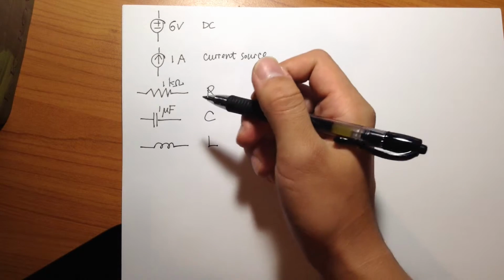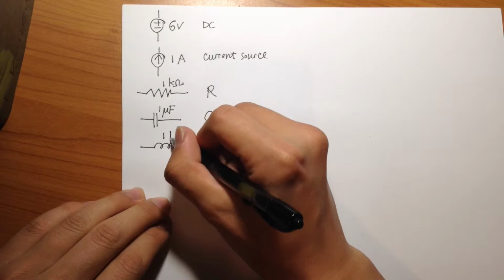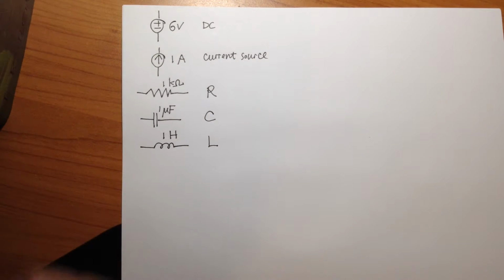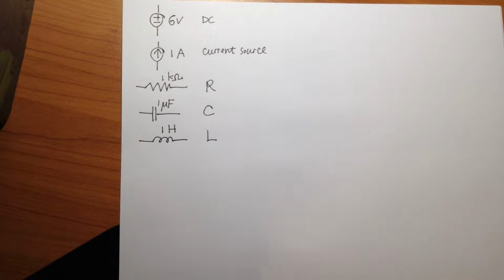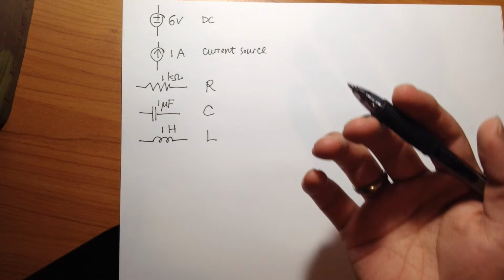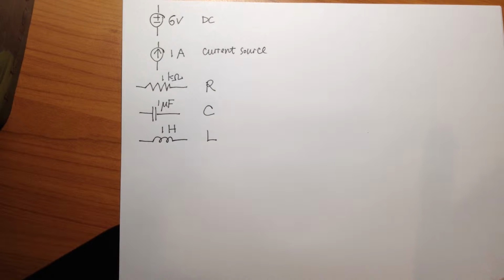And the unit is actually Henry, so let's say 1 Henry. So these will be the basic elements in the circuits that we will be dealing with in this series of videos. It's basic circuit analysis, and with them we can build all kinds of circuits.